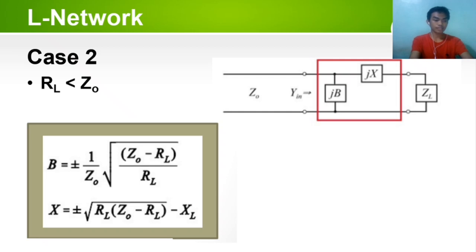For the reactance, X is equal to plus or minus the square root of RL times Z0 minus RL, minus XL. So this is the formula for case 2 in order to get the susceptance and the reactance.